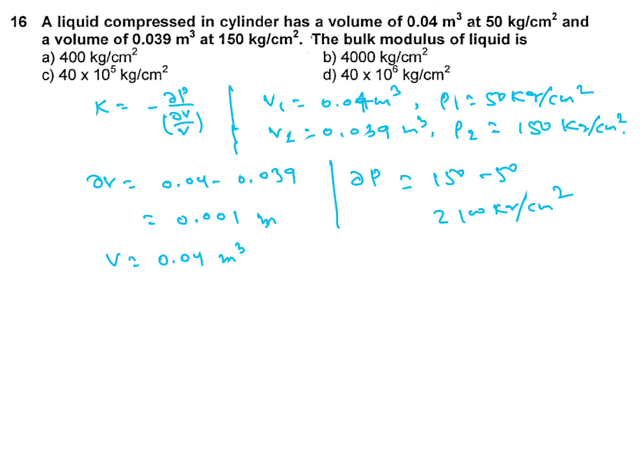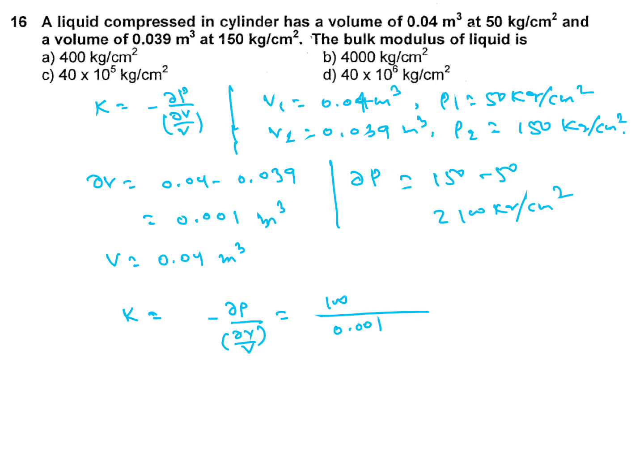So K equal to minus del P divided by del V by V. So 100 divided by 0.001 by 0.04.